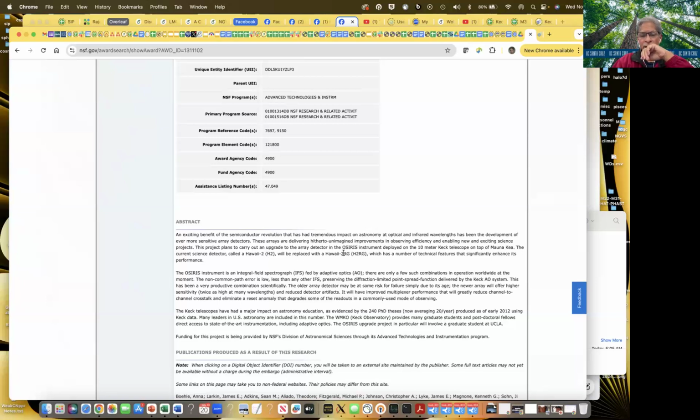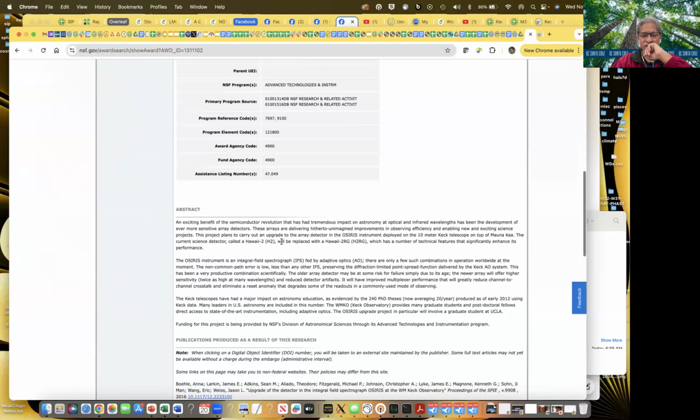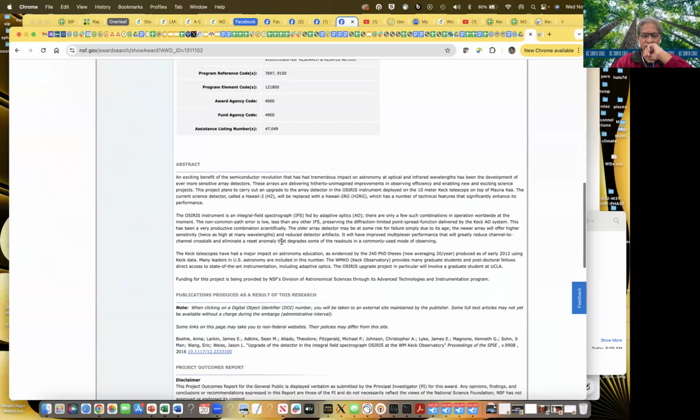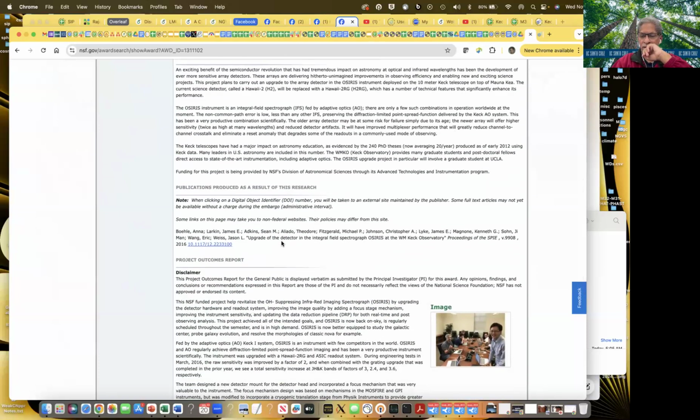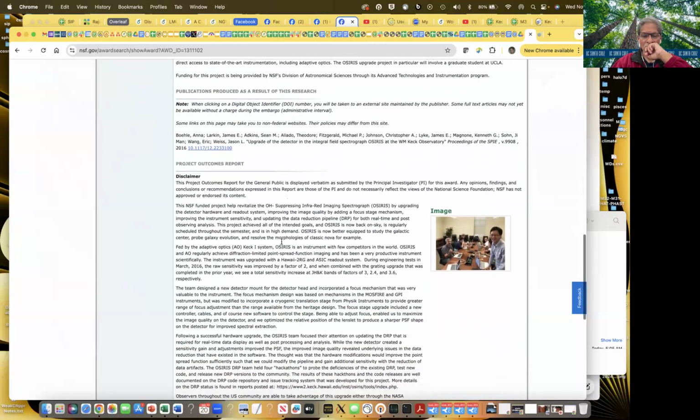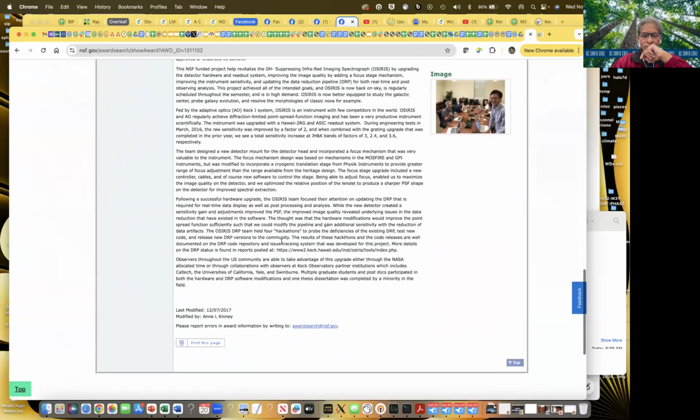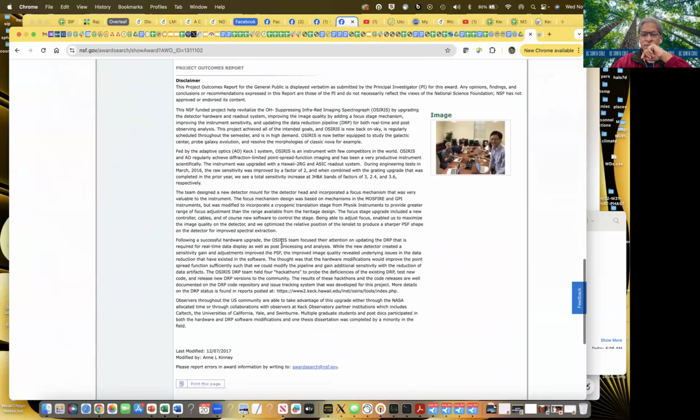So these are the Hawaii 2RG detectors that are being used here for the arrays. But what kind of instruments are those? Let me see. Not seeing this here.